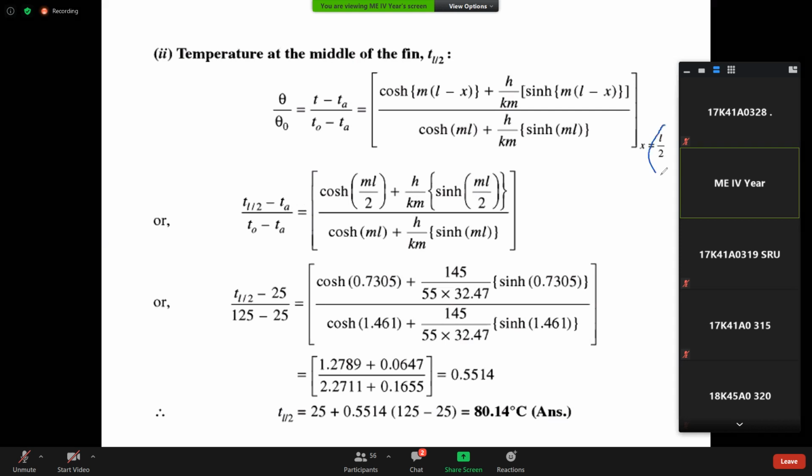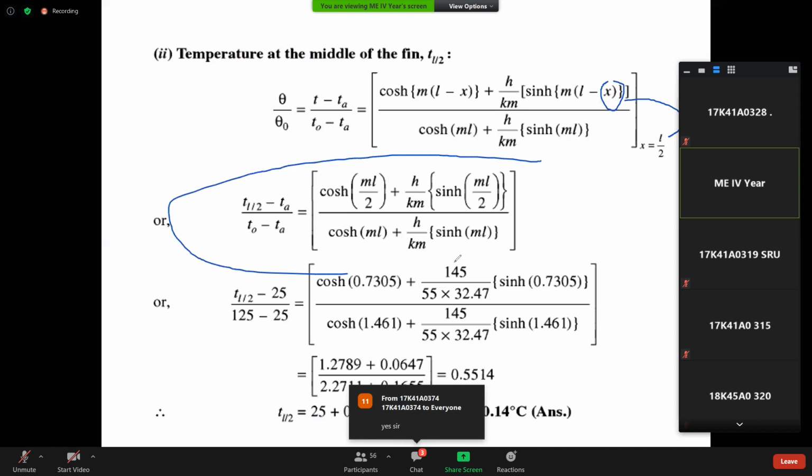You substitute x is equal to L by 2, so that you will get mL by 2. Calculation of mL by 2 is not difficult. If you divide it by 2, you will get it. It's not an issue. The only thing is in this x you substitute L by 2, so this will be the deduced equation.